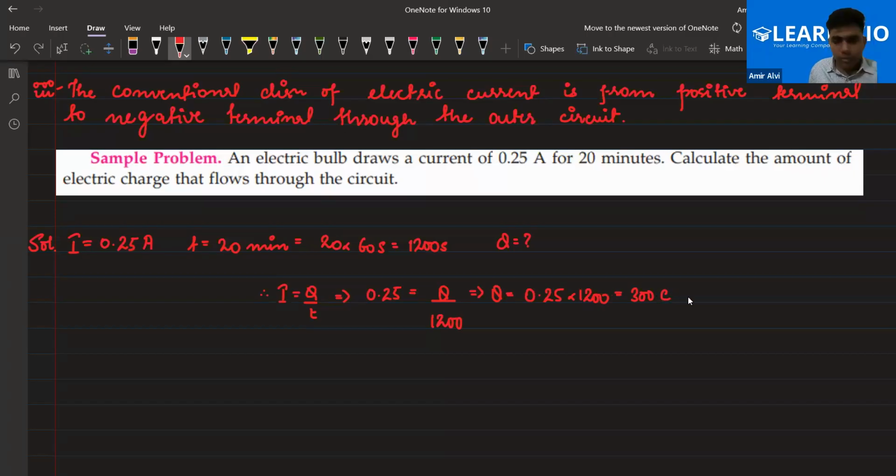Is that clear, everyone? So this is the answer. It means that 300 coulomb of charge is going through the circuit.